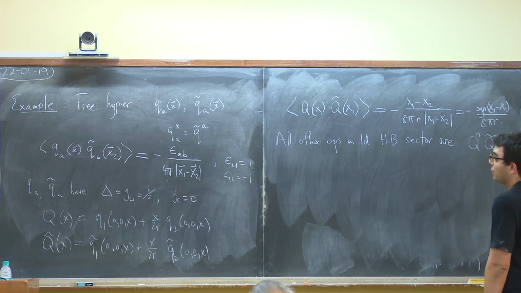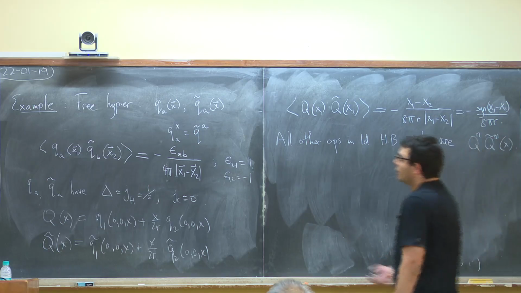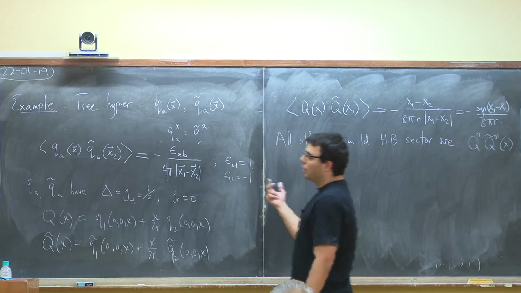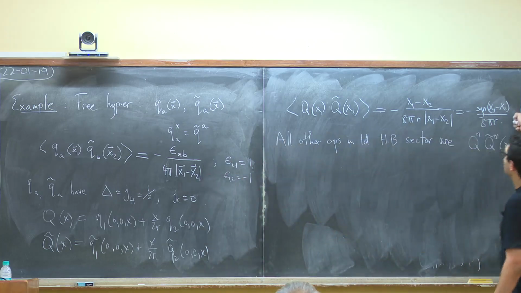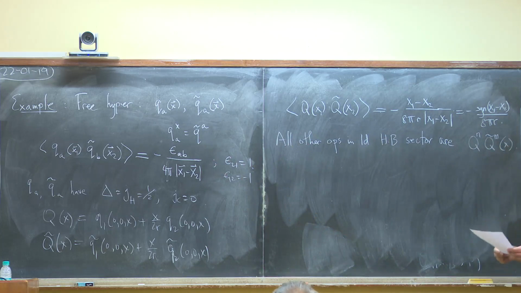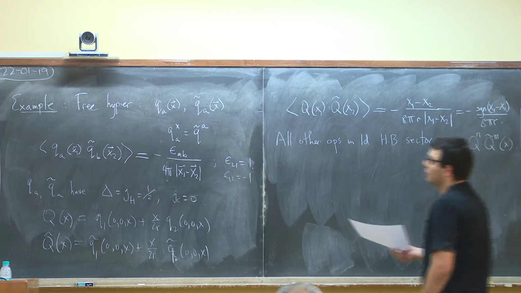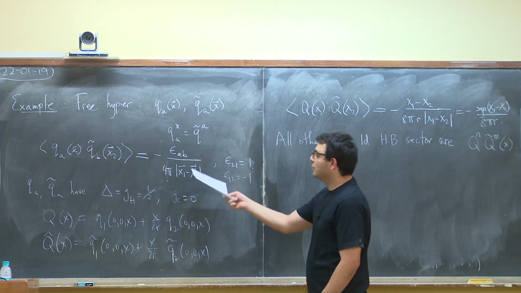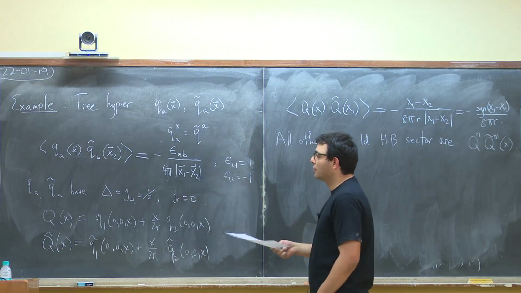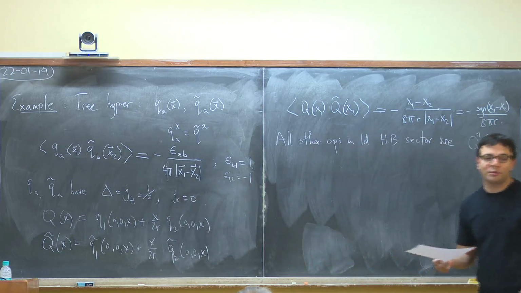We can compute them using Wick contractions either with this propagator before we twist, or simply with just this propagator that's simpler. So the jump in this 2-point function as x1 crosses x2 can be understood. The jump is related to, well, to the normalization of this operator, I guess. I don't have any other interpretation for it.